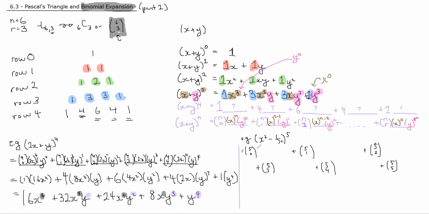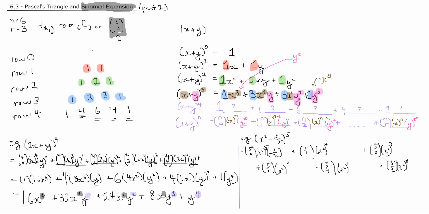Here we go. Next, x squared, counting down from 5, 4, 3, 2, 1, 0. Next, negative 1 over x.